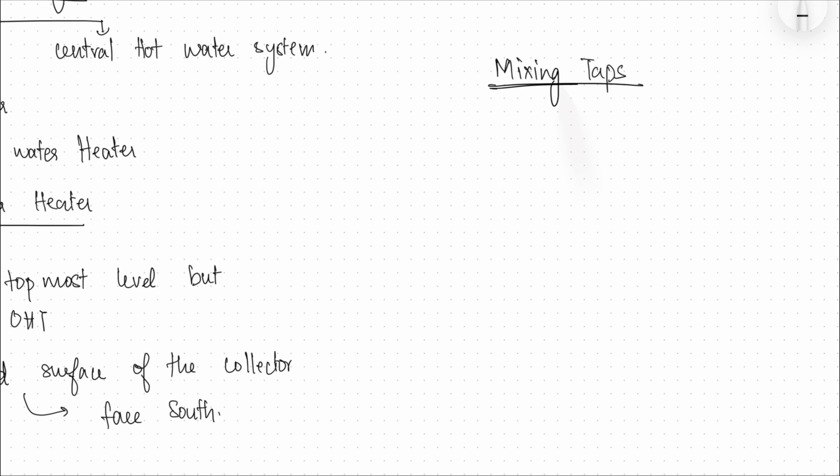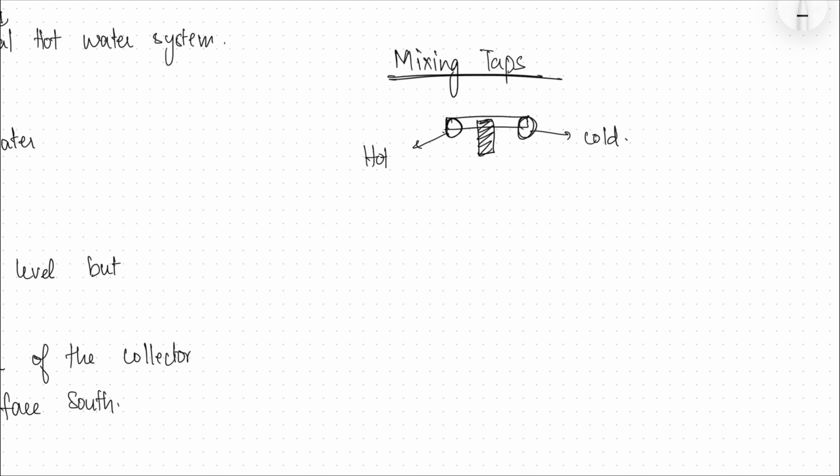So mixing taps is basically where you'll have one outlet, but you'll have two taps, one for the hot and one for the cold, right? But the pressure of water on both the cold and the hot should be equal.